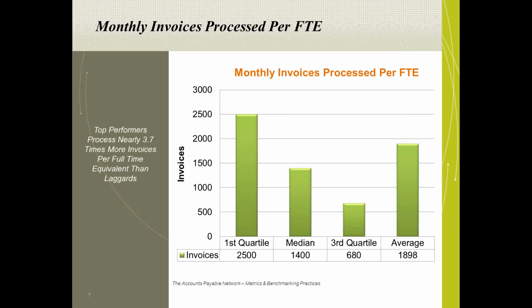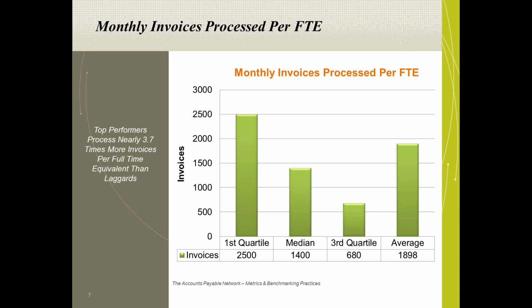So how this equates to things, some of the surveys that have been done, the Accounts Payable Network did a survey where they measured how many invoices were processed per FTE and put them into different quartiles, saying the first quartile really is the best-in-class performers. In those organizations, they're stating that a best-in-class organization can process about 2,500 invoices per FTE.